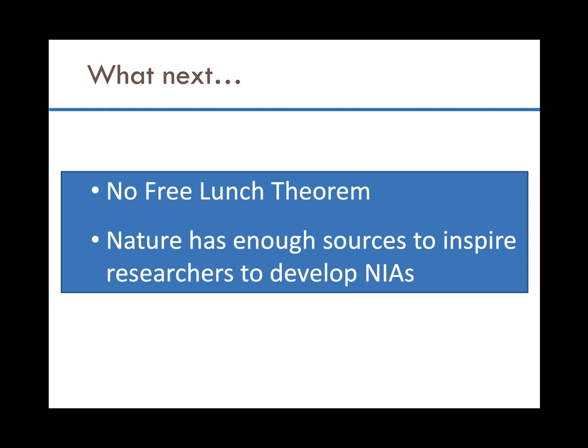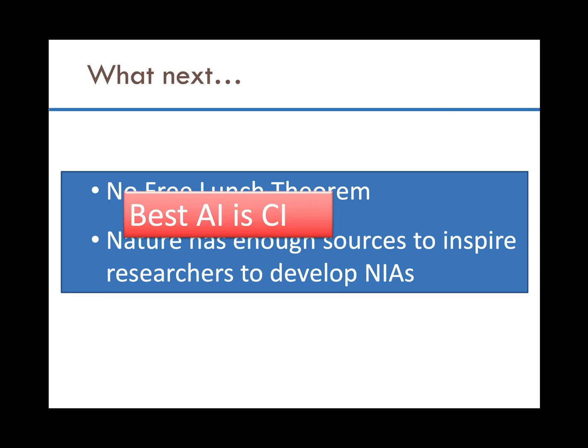The no free lunch theorem says that there is no single algorithm which can be regarded as the best, or which can solve all the problems of the world. So there is always a requirement for new algorithms, because every day people are posing new problems. And nature has enough inspiration to develop algorithms, so nature inspired algorithms have potential for development.